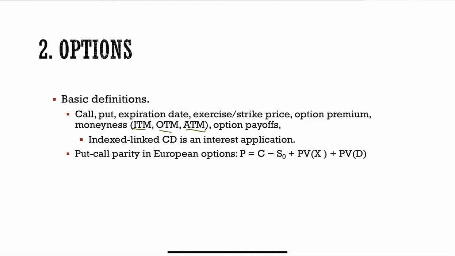So the idea about this put-call parity is really about two kinds of portfolios, right? Remember the process of proving put-call parity. So we said there are two kinds of portfolios. The first one is put plus stock.